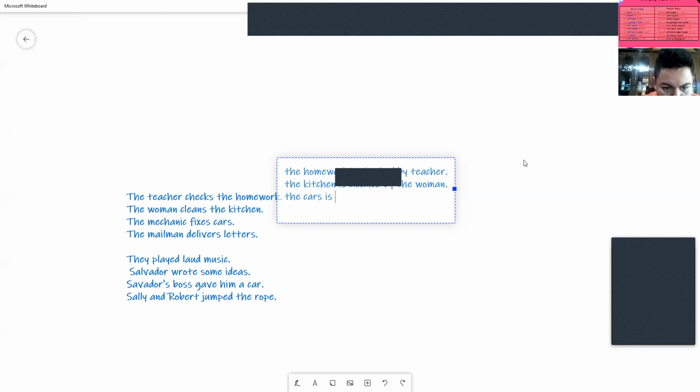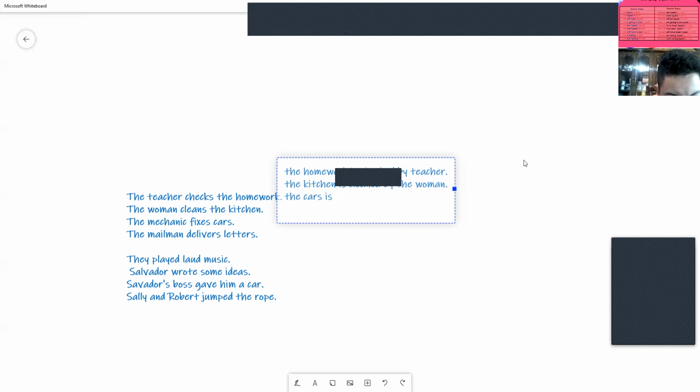No. What is the correct form of the verb to be? Fix, ¿no más? No, the verb to be. What is the correct form of the verb to be?